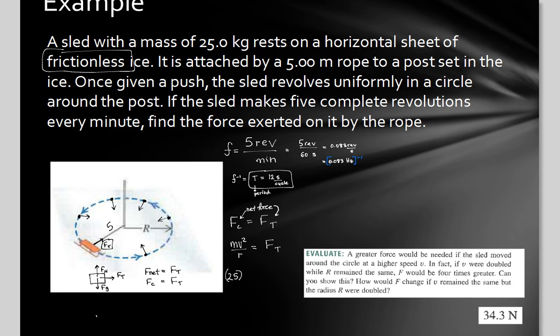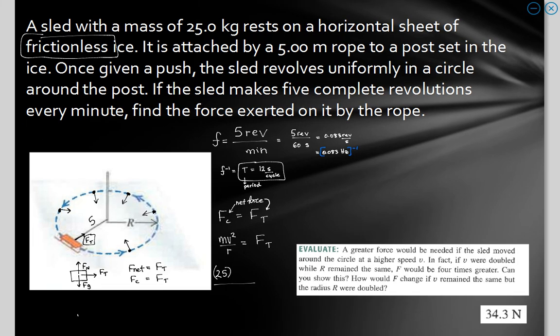But we don't have the velocity. We know the radius is 5, so all we need to do is find the velocity, and then we can solve for this force due to tension.